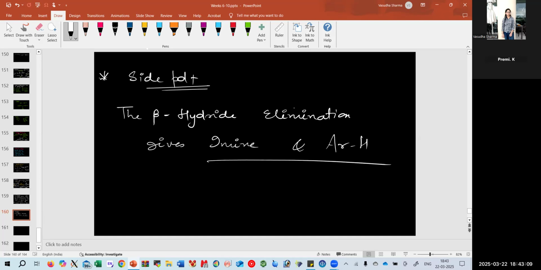If that is not a stable product, and if there is any beta hydride available, it would try to make an imine and give the hydride to the aryl. So it can also happen. So for that matter, you need to be very careful with the reagents that you're taking and what kind of reaction you want to have.